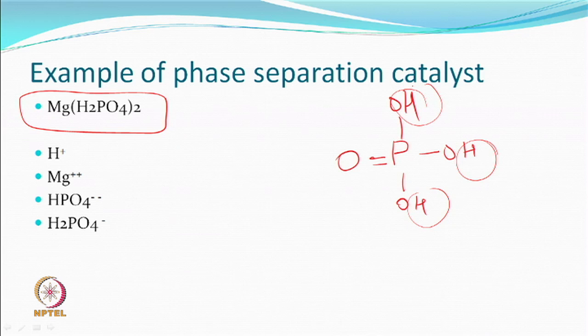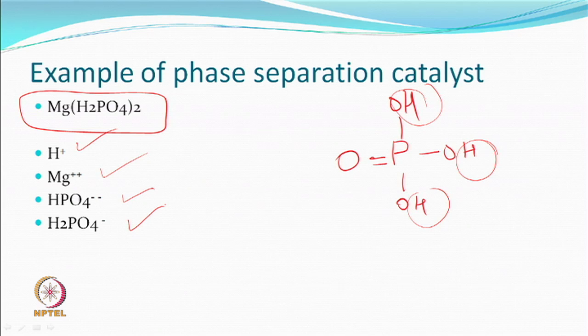In a solution where this has been dissolved, one can have hydrogen ion, which is interesting. You can have magnesium ion, which is a metal ion, so which is interesting. You may have hydrogen phosphate ion, or you may have a dihydrogen phosphate ion. All of them are present depending upon dissociation that keeps on happening at any given point of time.